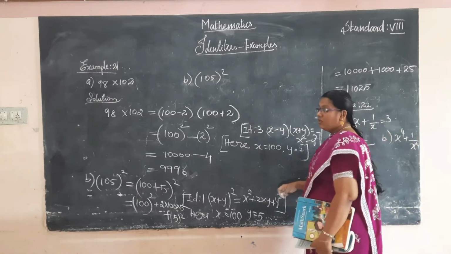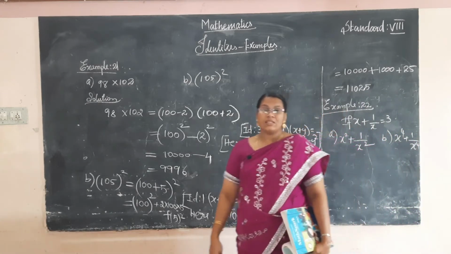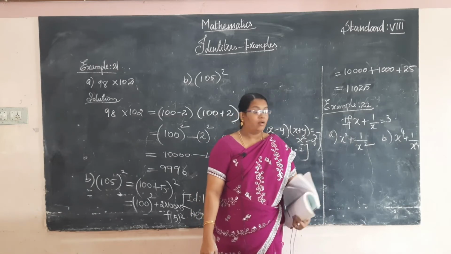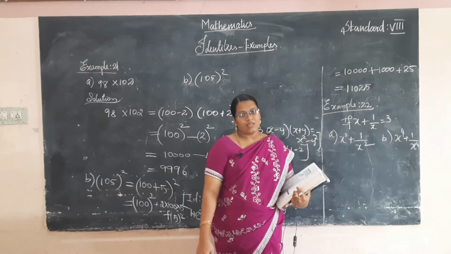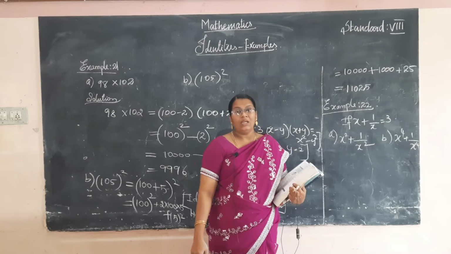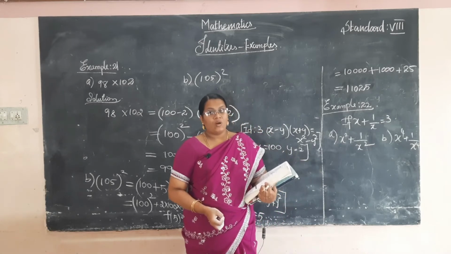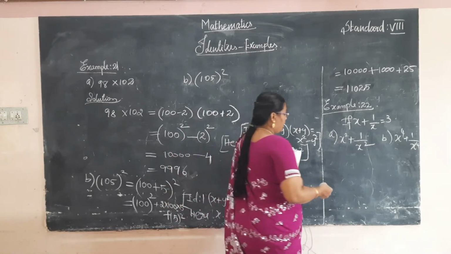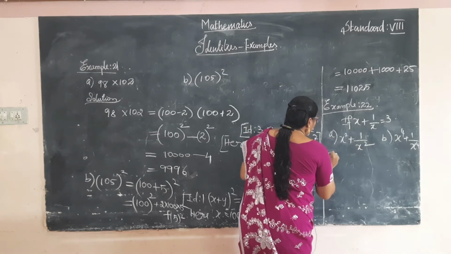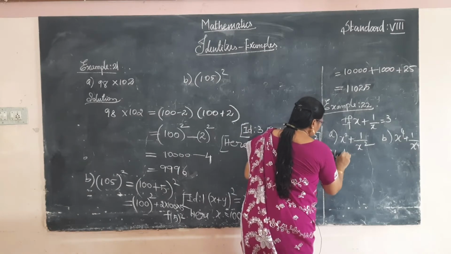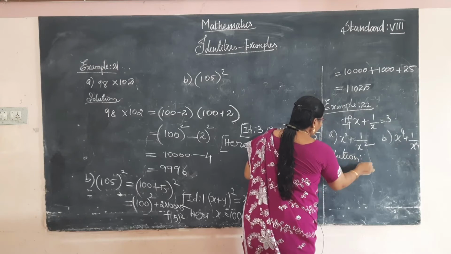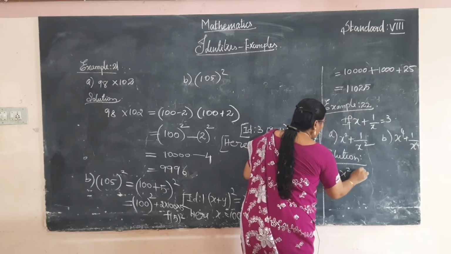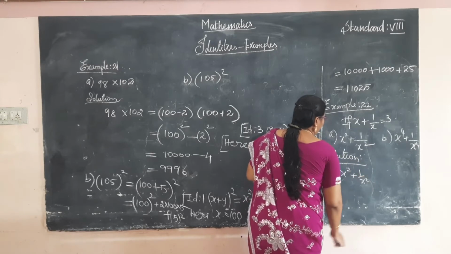Okay, you know the formula for (x plus y) the whole square, but here x value is x and y value is given as 1 by x, that's it. So you first have to find the first one: x squared plus 1 by x squared.